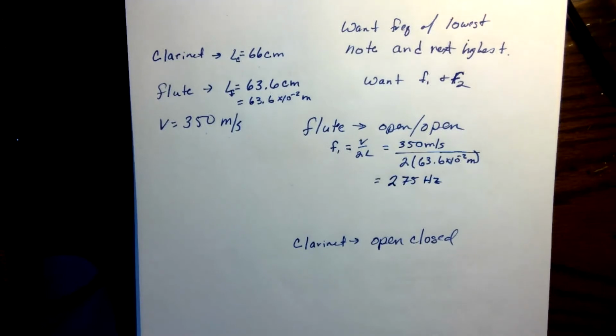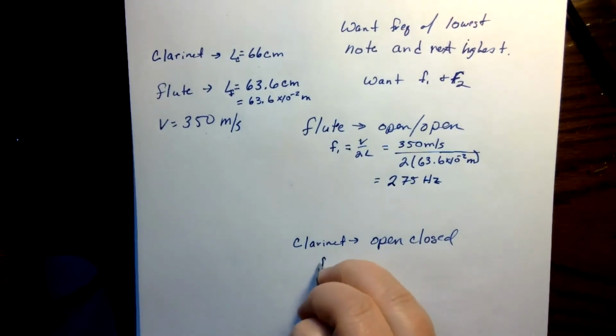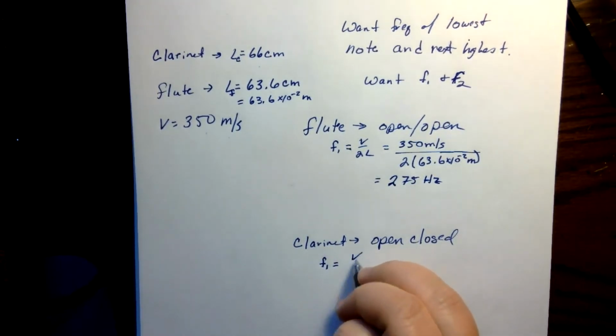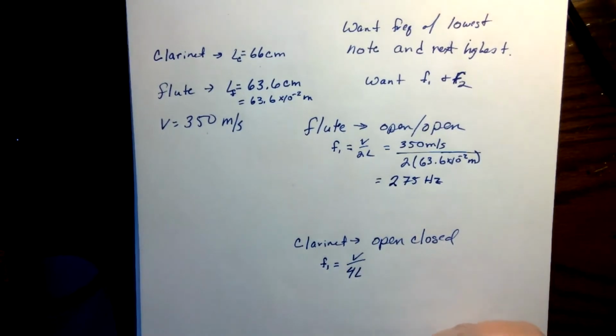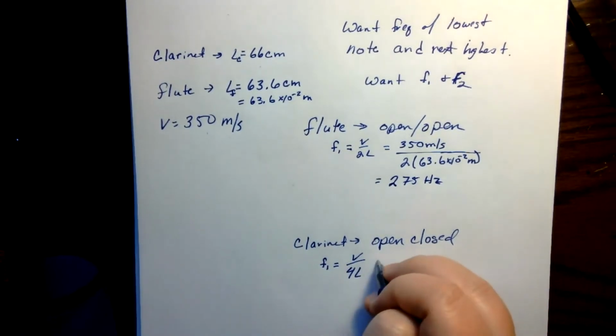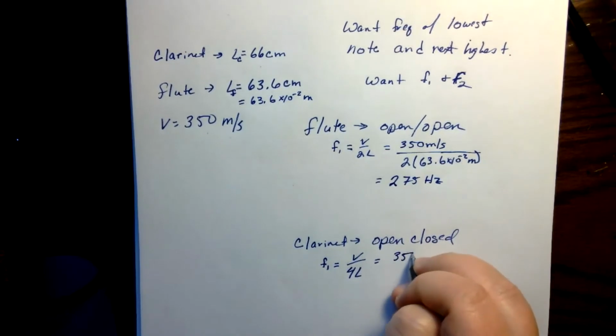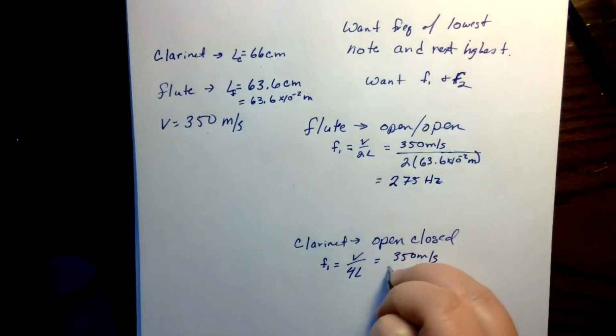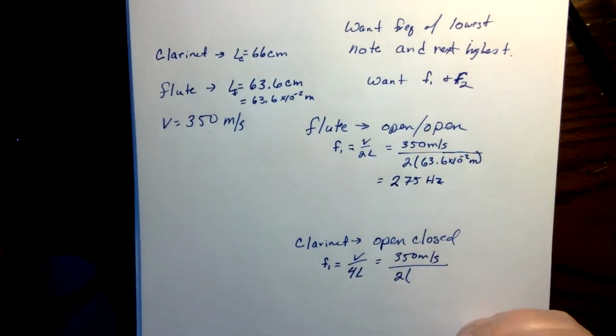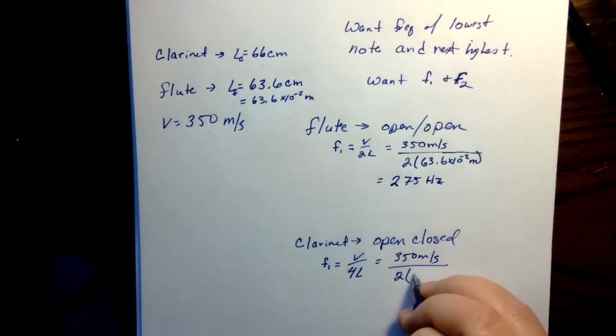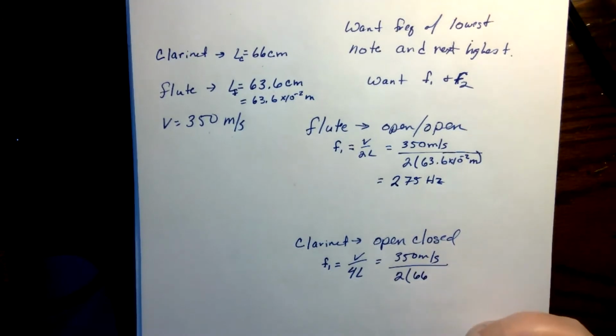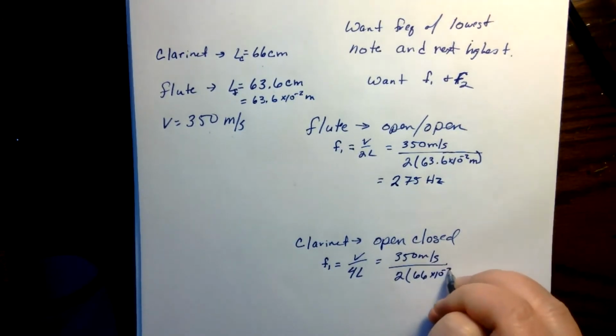Now my clarinet, on the other hand, f1 is going to be v over 4L instead of 2L. So this one we're going to have 350 meters per second divided by 4 times our length of 66. Now instead of 66 centimeters, we want meters: 66 times 10 to the negative 2 meters.